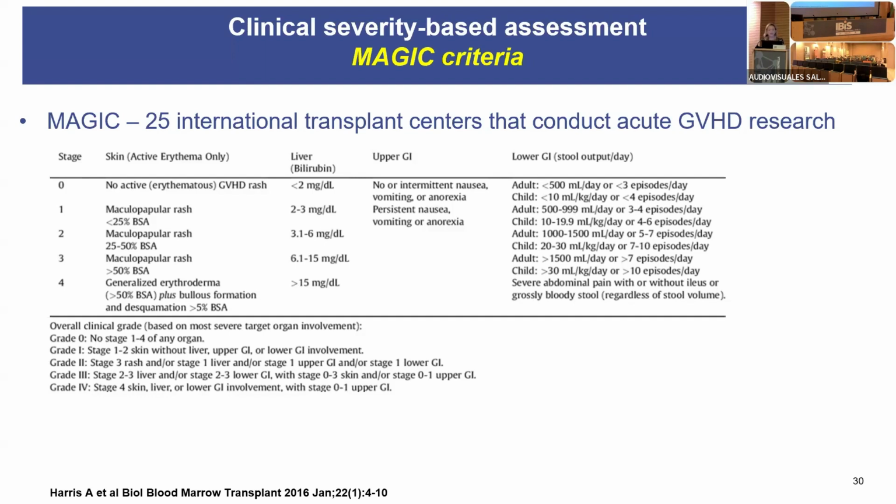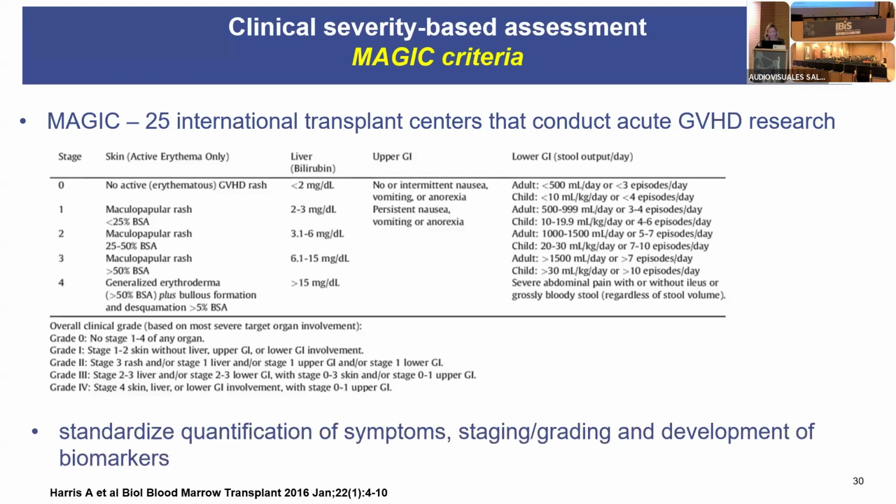Thankfully, today, thanks to the MAGIC, or Mount Sinai Acute GvHD International Consortium, which includes many transplant centers, we have the MAGIC criteria for grading of acute GvHD, which are accepted clinically and in clinical studies, and which standardize the quantification of symptoms, staging, and grading.